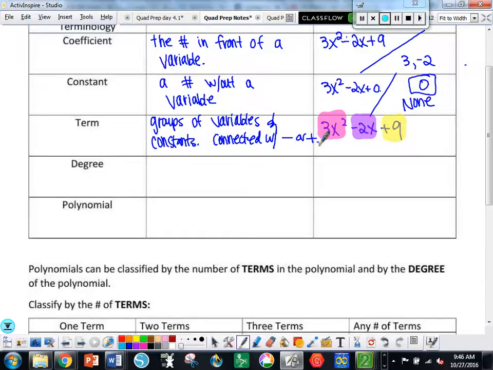I literally don't know what to tell you other than that. But looking at the picture and my colors, does it make sense what the term is?